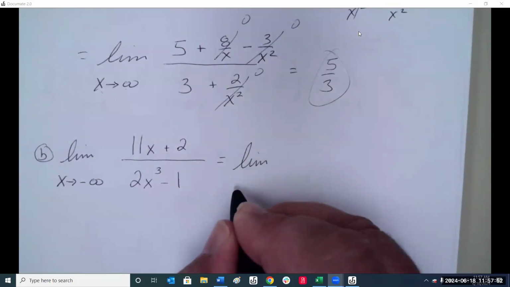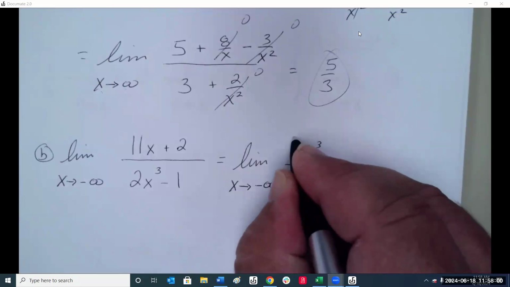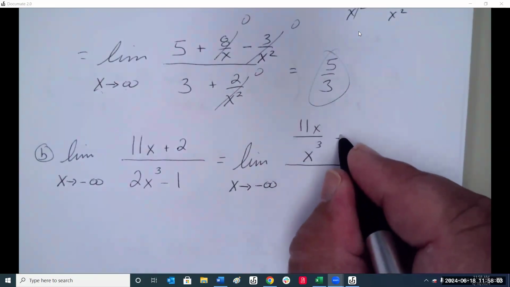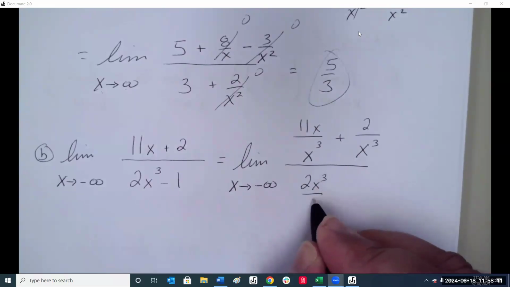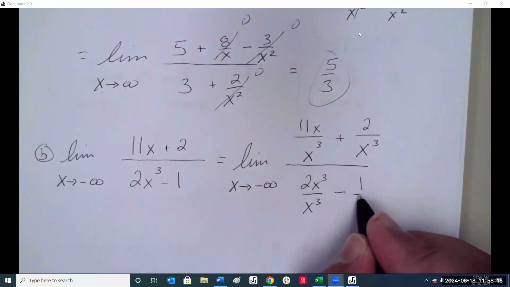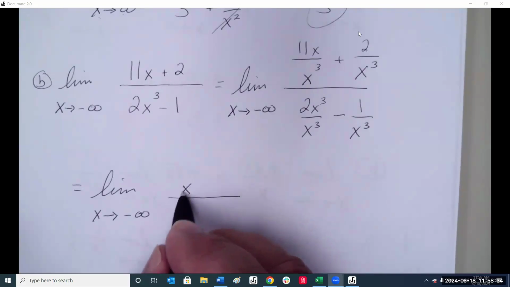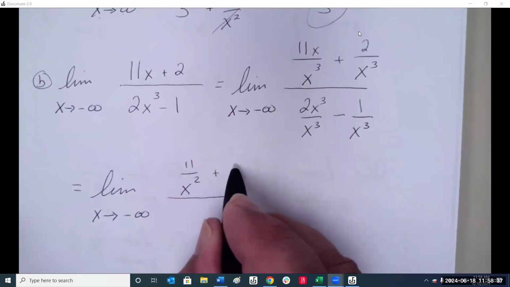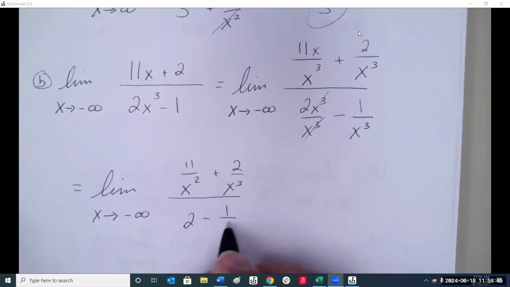So the first one is 11 over x squared, 2 over x cubed, 2, 1 over x cubed.